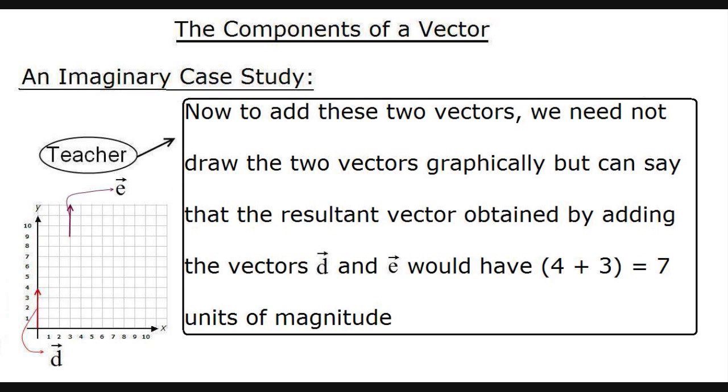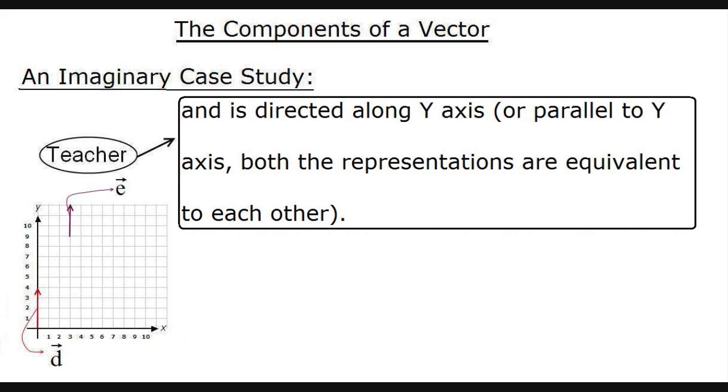To add these 2 vectors, we need not draw them graphically, but can say that the resultant vector would have 4 plus 3, which is equal to 7 units of magnitude, and is directed along the y-axis, or parallel to the y-axis. Both the representations are equivalent to each other.